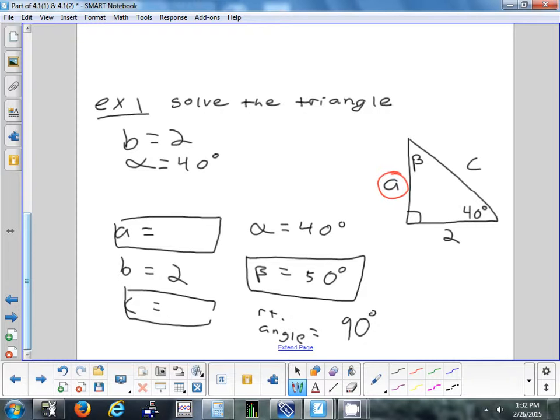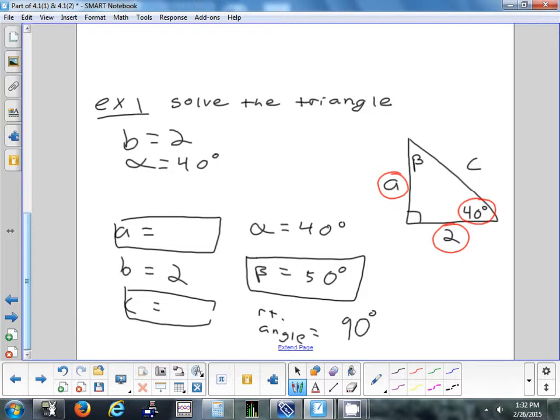The 40 and the 2. Why the 40 and the 2? They were given. What's wrong with using the 50? Right, we could. I mean, we can tell we didn't make a mistake. But what if it was a little more complicated and you did make a mistake? If you use something that's wrong to find other things, those things are automatically wrong too.